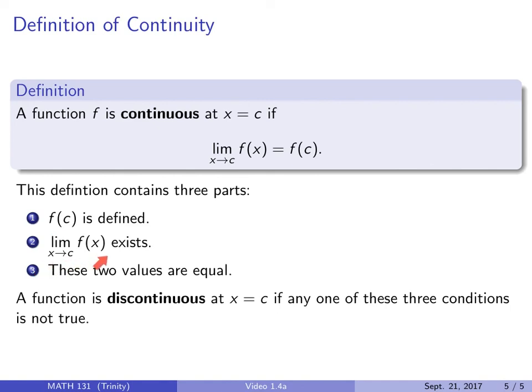We need the limit as x approaches c of f of x to exist, and then those two values have to be equal to each other. That the limit as x approaches c of f of x has to equal f of c. If any one of these three parts of the definition is not satisfied, then we say the function is discontinuous at that point.